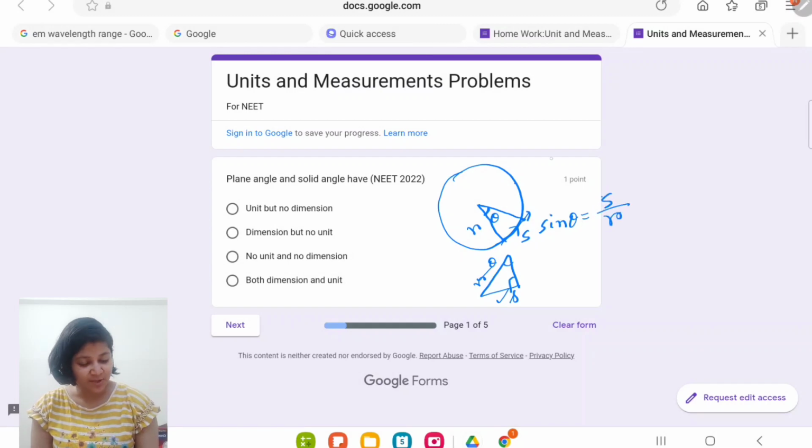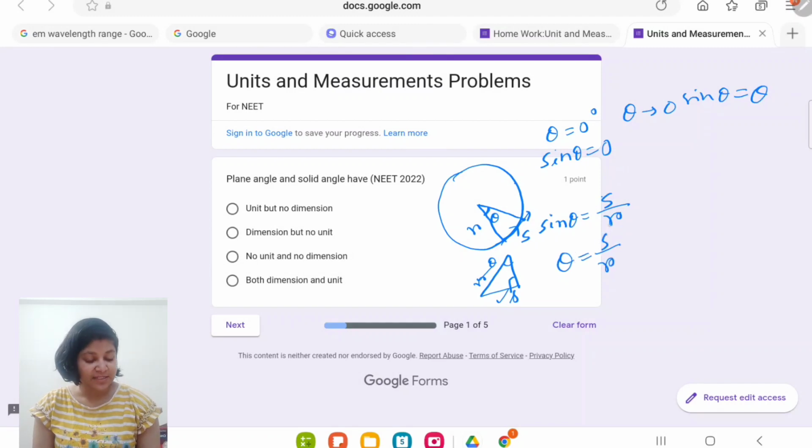And when theta is small, as we know that if theta is 0 degree, our sine theta is also 0. So when theta is much less, then sine theta is equal to theta. Therefore we can write theta is equal to s by r. Now s is the distance travelled, which has the dimension of length, and r, which is the radius of the circle, has the dimension of length as well. So theta is a dimensionless quantity.